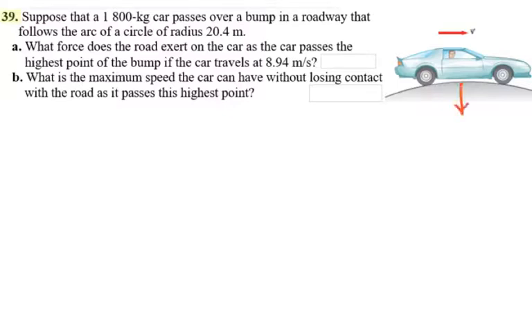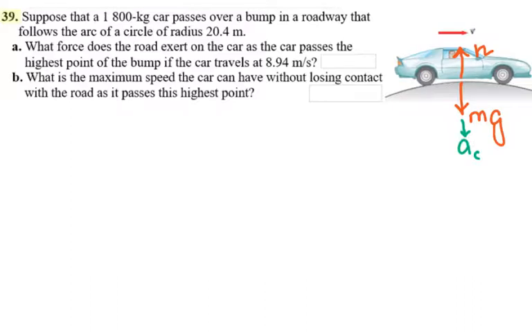So we have the mg, and we have the normal force from Newton's, and there is centripetal acceleration because the car is moving in circular motion over the bump. It's a part of the circle, the track that it is moving on.